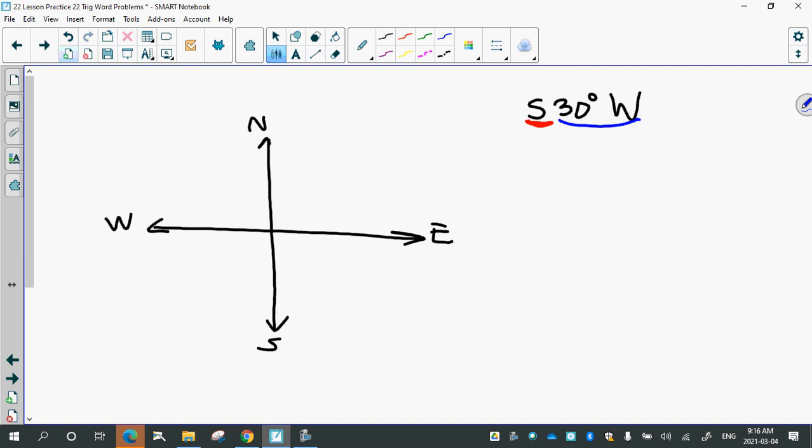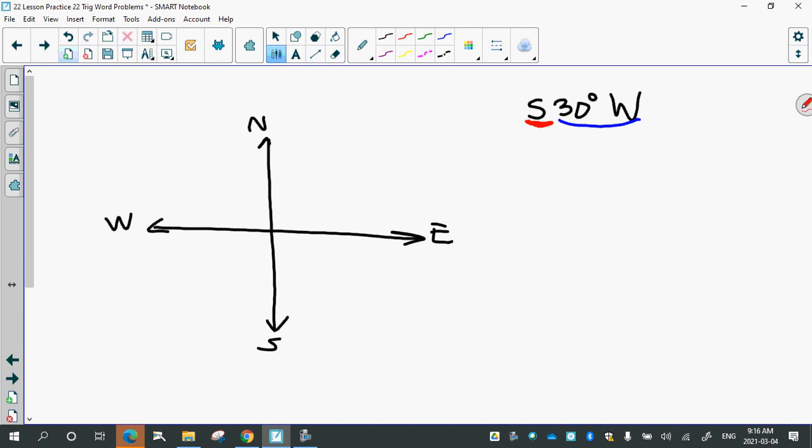So you want to draw it so that it's either past the middle or not past the middle when you draw your angle. You don't have to use a protractor, in other words, but you do want it to be either before the middle or past the middle. So if I'm starting off south, and I veer off 30 degrees towards the west, am I going to be halfway or not halfway?